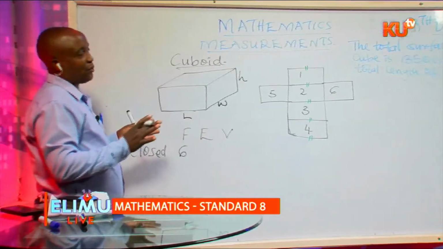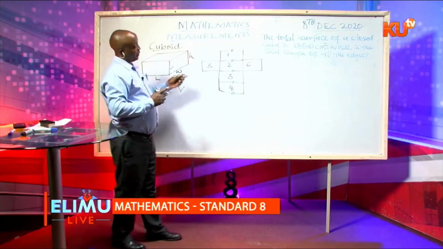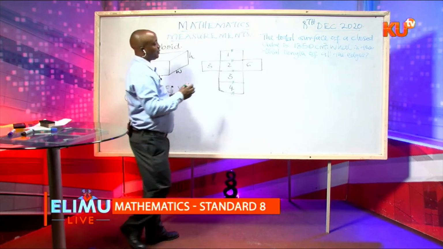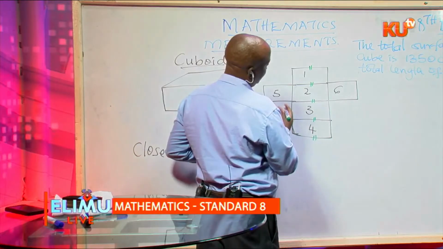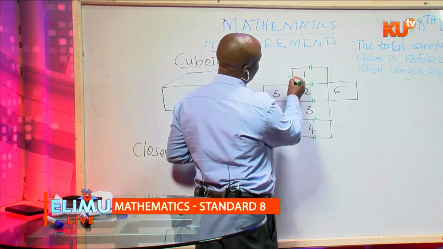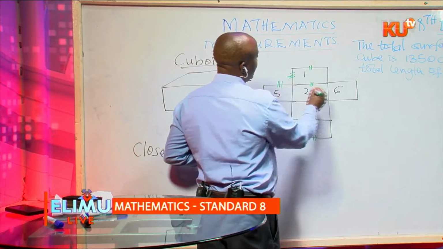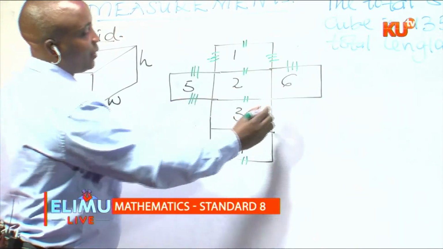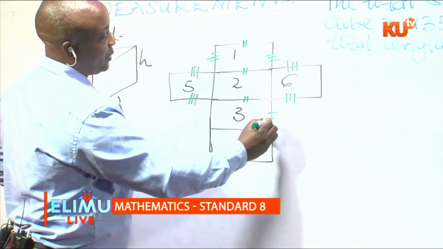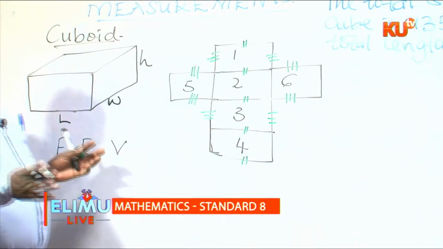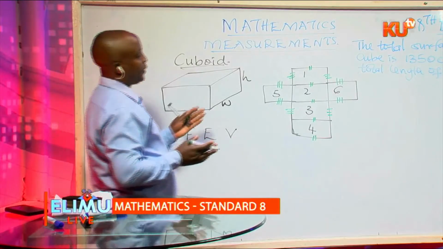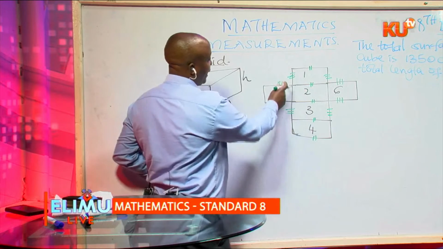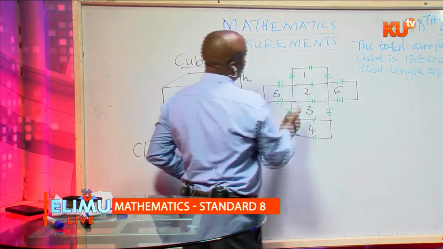Then something very important is also that these edges, this one, this one, this one, this one, will also be equal. So when we fold it, these 4 edges will be equal.